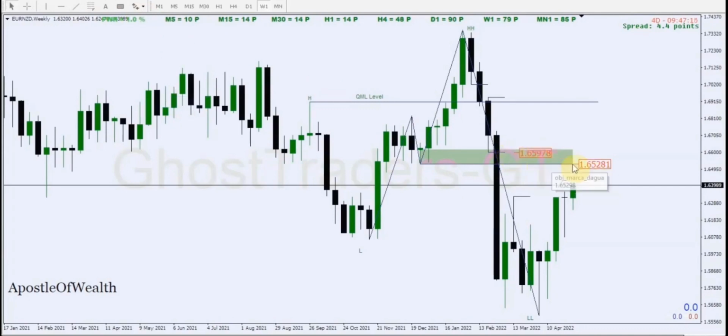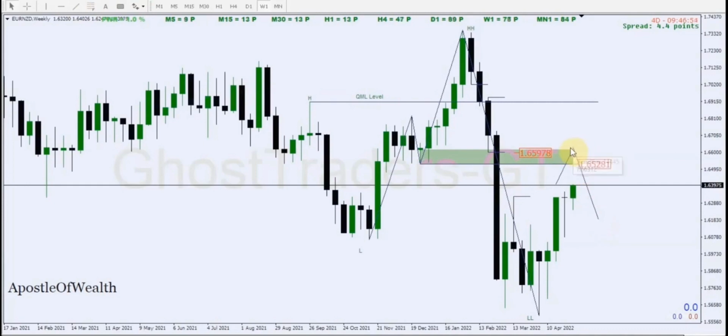So from this level here, we're going to be looking for sell profiles to sell at this level. As a result, when price gets to this level, we're anticipating a decline in price, and that decline in price will leave a high at this level.